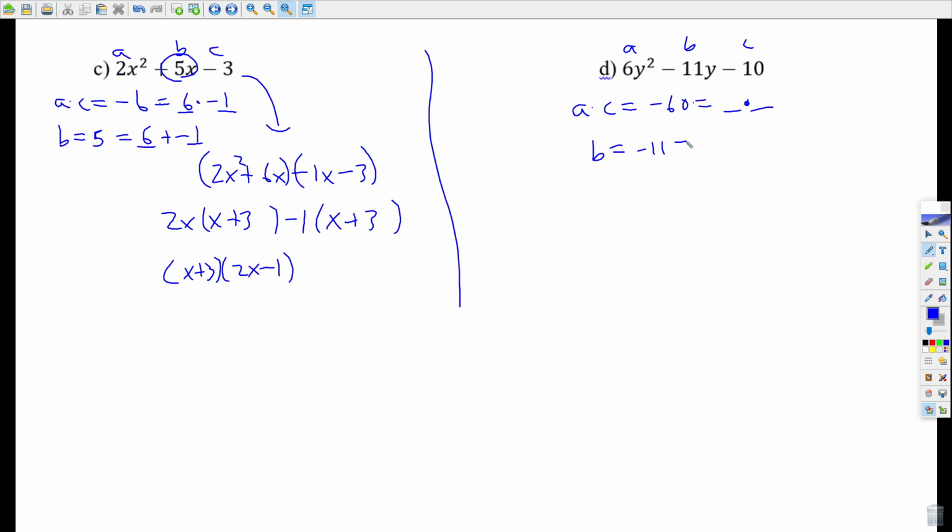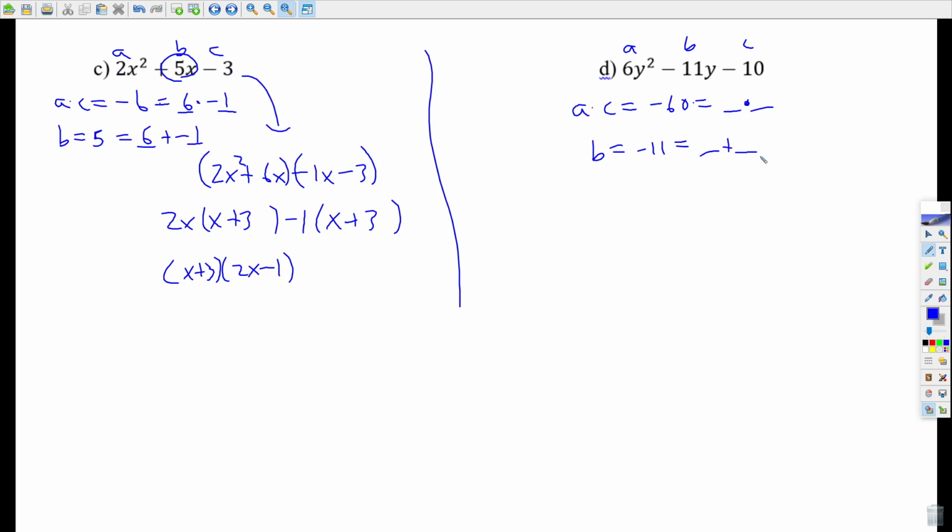Something times something, and something plus something. So see if you can figure that one out. So we have what? 2 and 30.